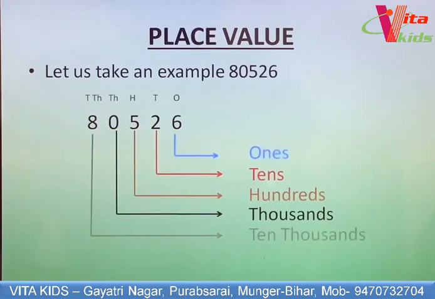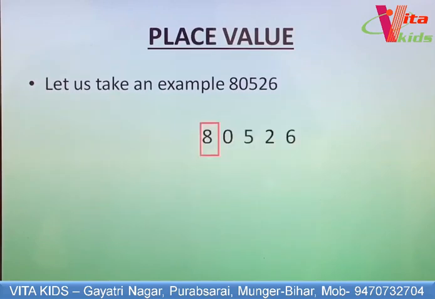So if I ask you to tell me the place value of a particular digit, you don't have to draw this entire table. Let's take an example here. Let's find the place value of the digit 8. So you will write the number. If you have to find the place value of 8, you will write 8 as it is, and all the other numbers on the right of 8, we will convert them to 0.